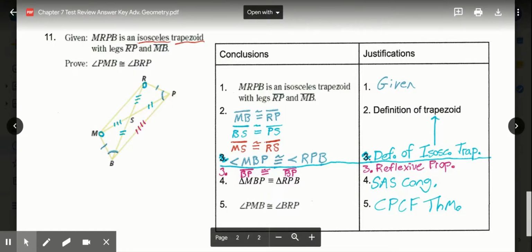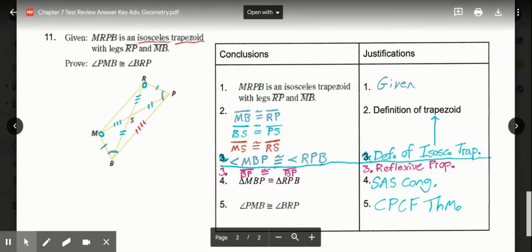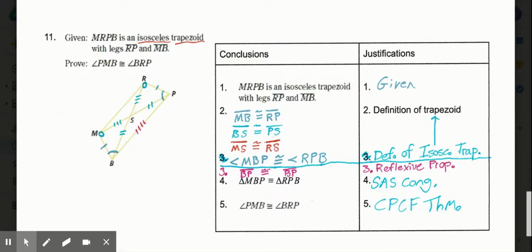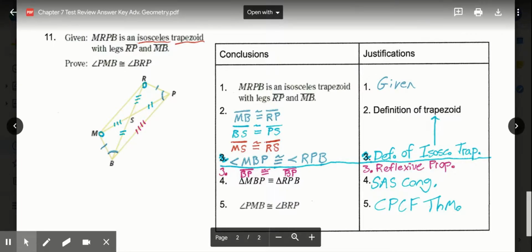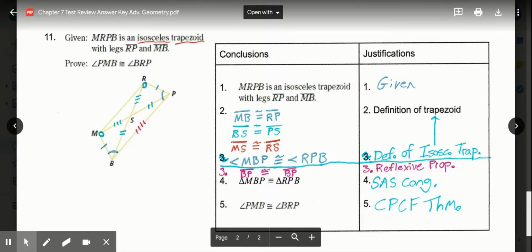So those are both stated here. And then also with it being an isosceles trapezoid, we know that our base angles are also congruent. So in this case, I can say that angle MBP is congruent to angle RPB right there, and all of that comes from the definition of an isosceles trapezoid.